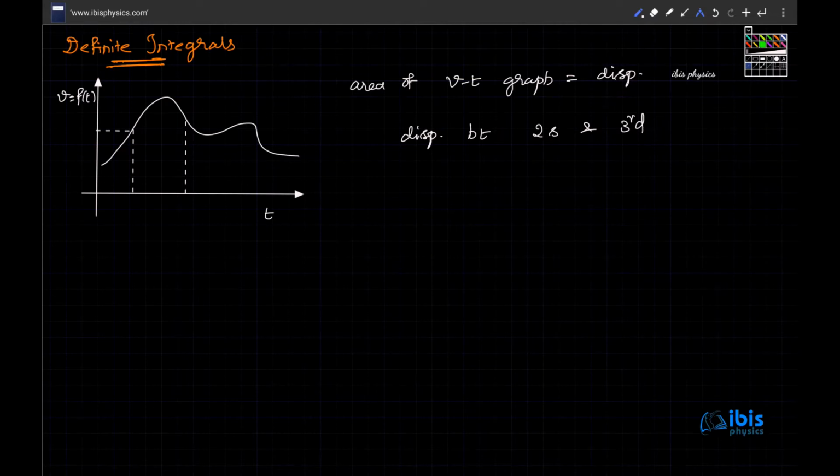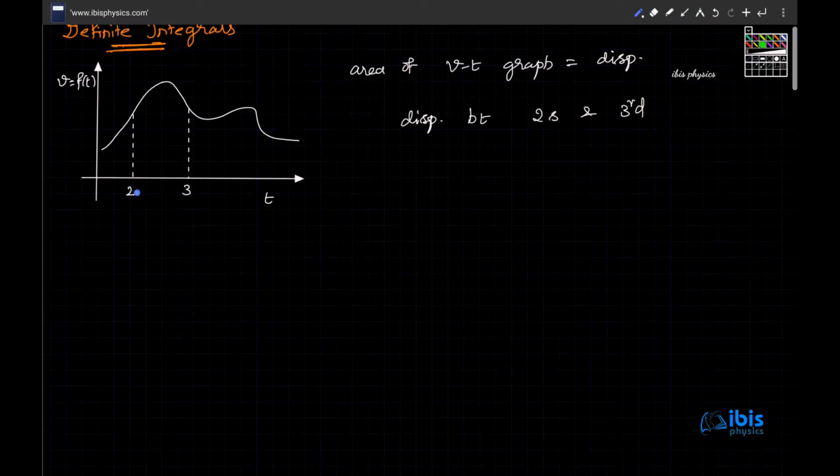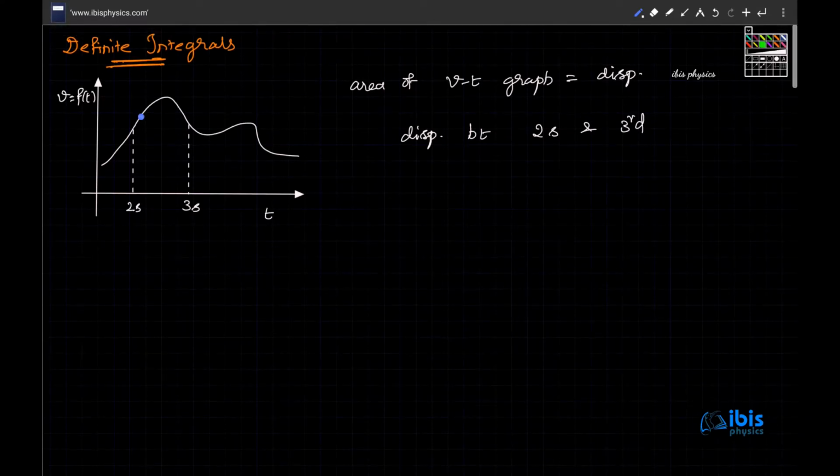Since this is a velocity time graph and the area of the graph is the displacement, we don't have to find the area of the entire graph, but only the area of the graph in this region.